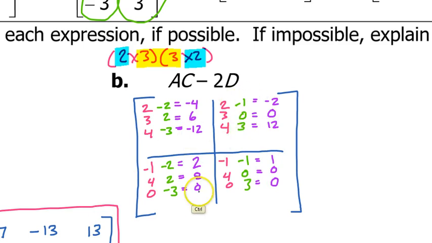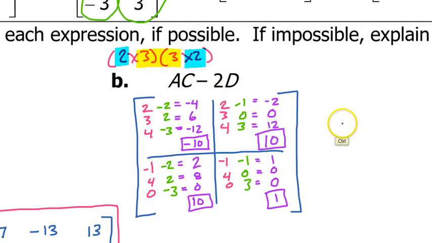Similarly, if I multiply the rest of these numbers, I will get these purple numbers that you see here. So now it's time to add these up. For example, if I add -4 and 6 and -12 together, that makes -10. And that's really the answer for this element. Similarly, if I add up the rest of these purple numbers, this is what I get.